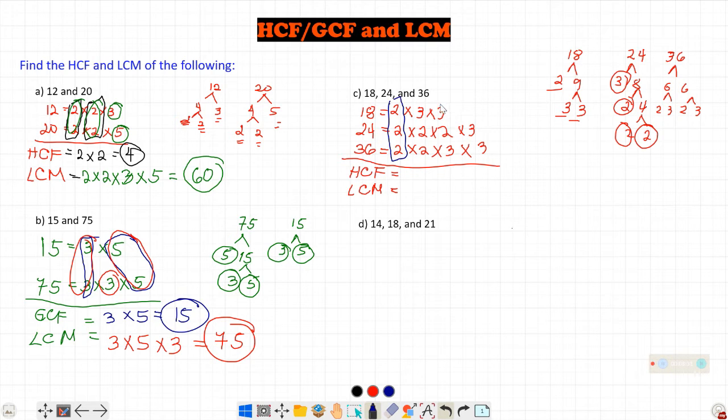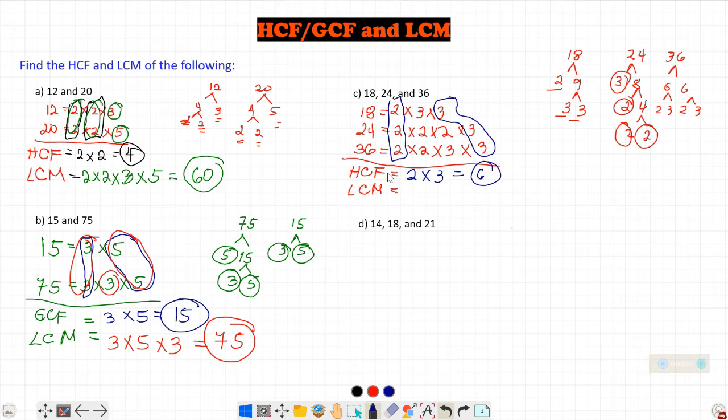And here there's also 3, and 3 on the other one, and 3 on the other one. So these are the common factors of 18, 24, and 36, 2 and 3 only. So 2 times 3, which is equal to 6.